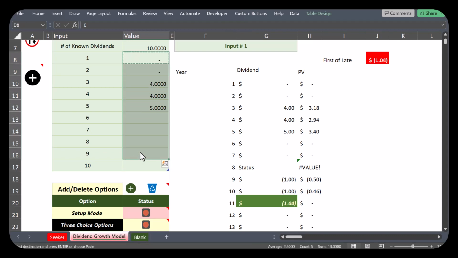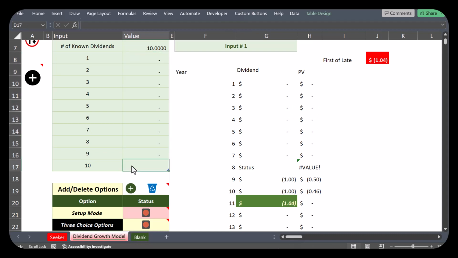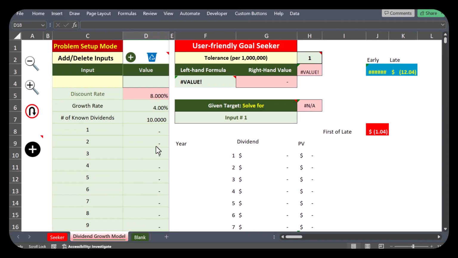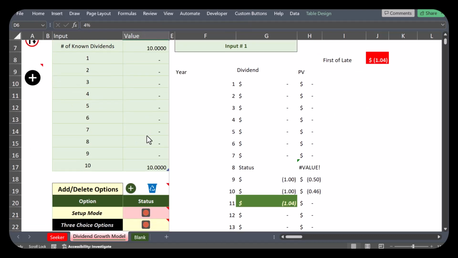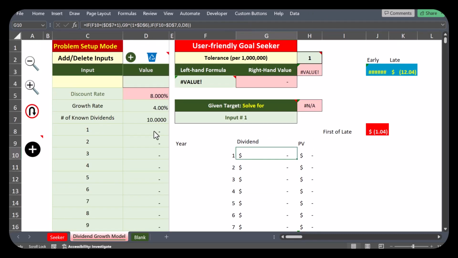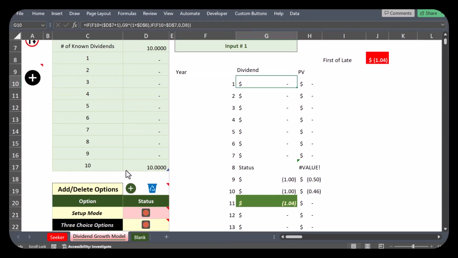But in year 10, it's going to start paying $10, right? And why is that a value? Oh, I need one more year than that. No, I shouldn't need one more year. Oh, because I added stuff, formulas didn't update.